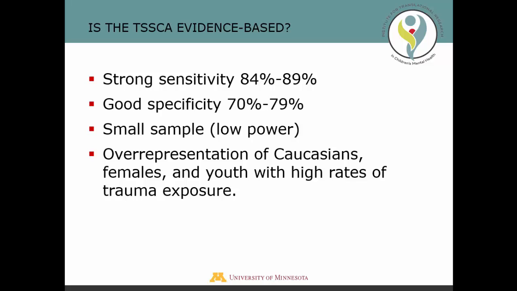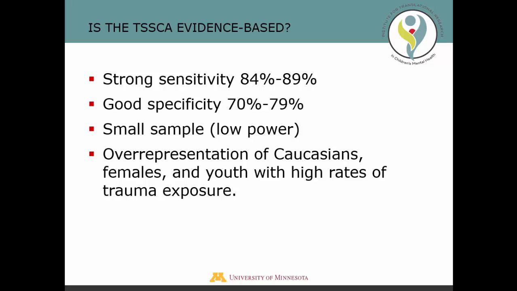The TSSCA has been demonstrated to have strong overall sensitivity and good specificity. Sensitivity means the percentage of children and adolescents with elevated levels of traumatic stress symptomology who are correctly identified as such. In other words, sensitivity conveys how well the tool identifies kids with symptoms.